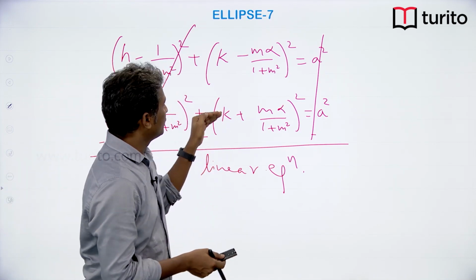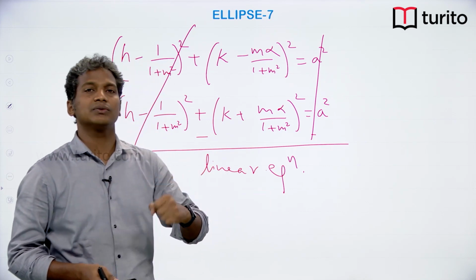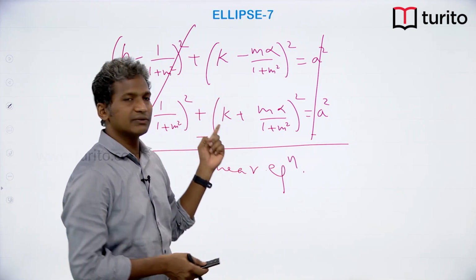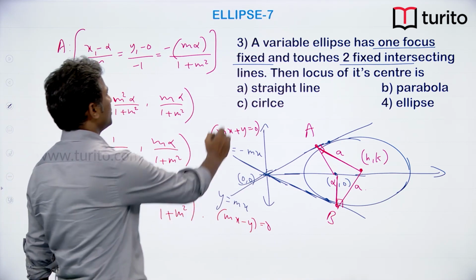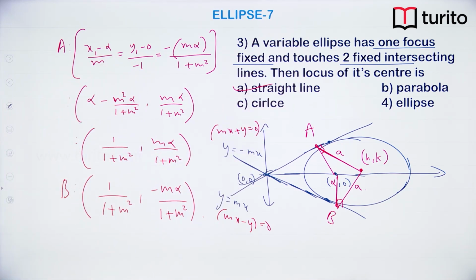So, here we can observe that the equation we are going to get will be a linear equation. So, we can confirm that it is going to be a straight line, because you can see that k square is getting cancelled here. So, this way we can solve the problem, the answer is going to be a straight line. Okay. Come on, make a note of this.